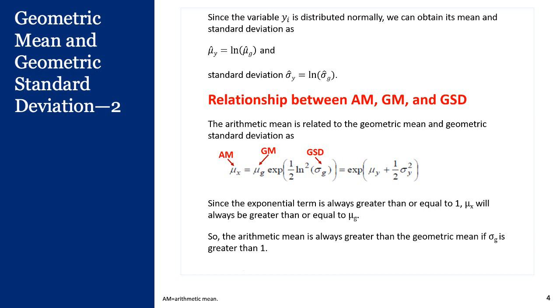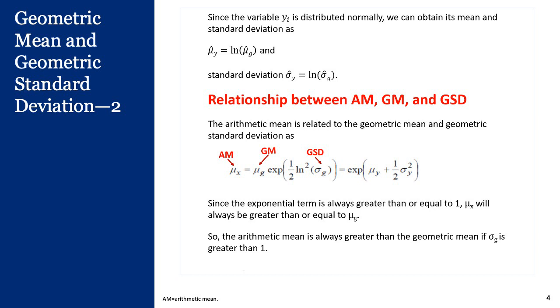What this tells us is one very important thing: the exponential factor is always going to be greater than 1, because sigma of g, the geometric standard deviation, is always going to be greater than 1.